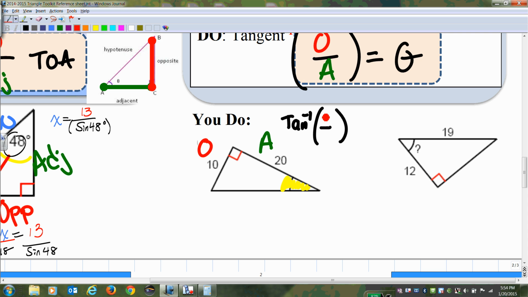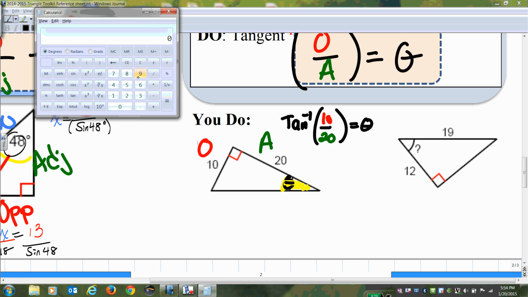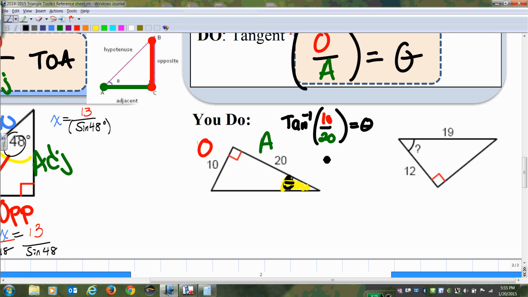Opposite, which is 10, over adjacent, which is 20, gives me my angle theta. In my calculator, that's 10 divided by 20, inverse tangent. Check your calculator, you should get the same thing. I get 26.6, and we're going to round up to 27 degrees. So this unknown theta is 27 degrees.